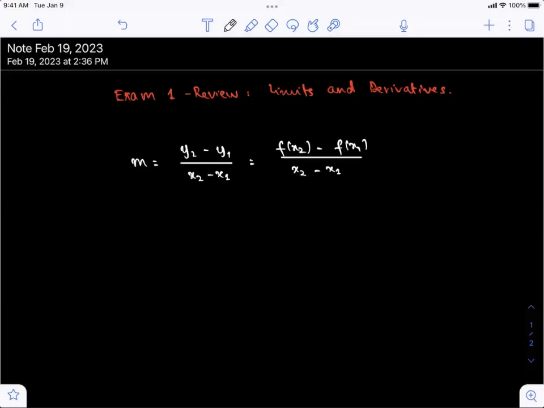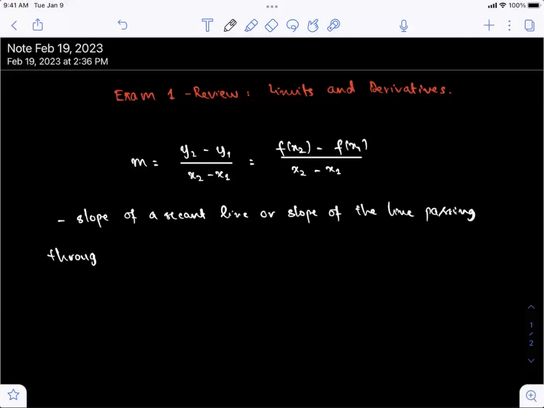And again, this particular formula can be used to calculate the slope of a secant line, or the slope of the line passing through two points, x1 comma y1 and x2 comma y2.